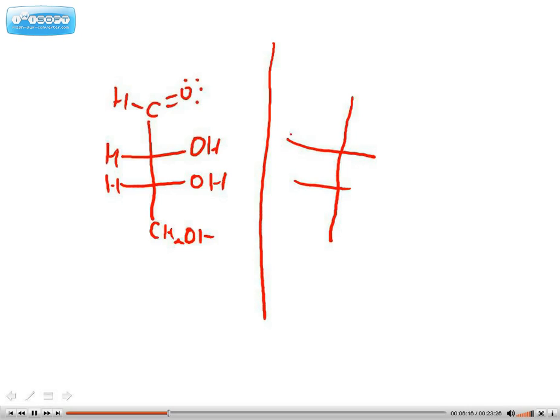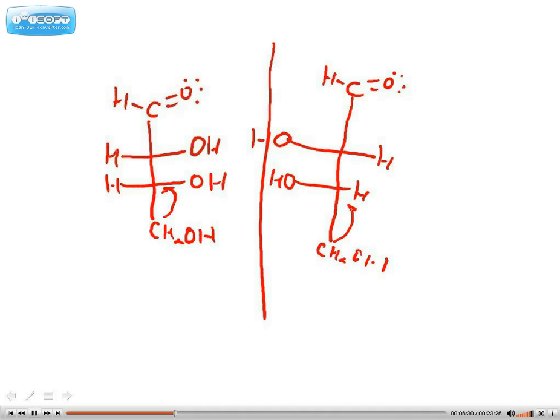Simply flip to the other side the side groups. And now you have the opposite enantiomer. We look at the carbon which is second from the bottom. If the alcohol is on the right-hand side, then it's going to be a D. Notice its opposite enantiomer is going to be an L. So pretty straightforward.